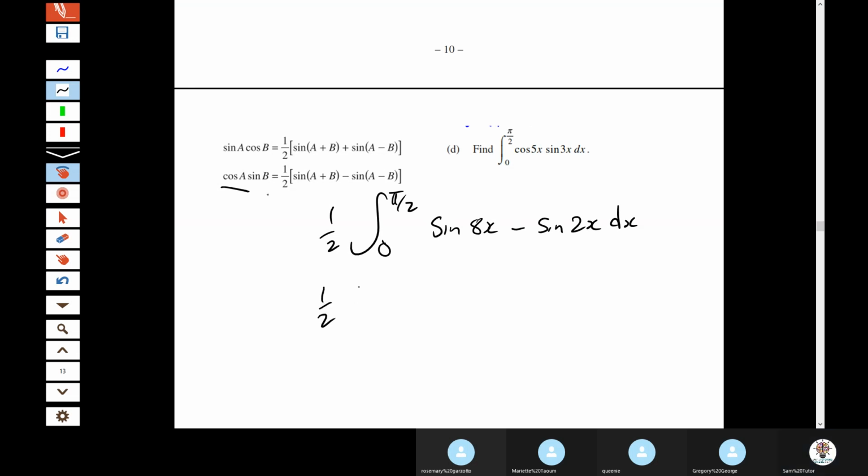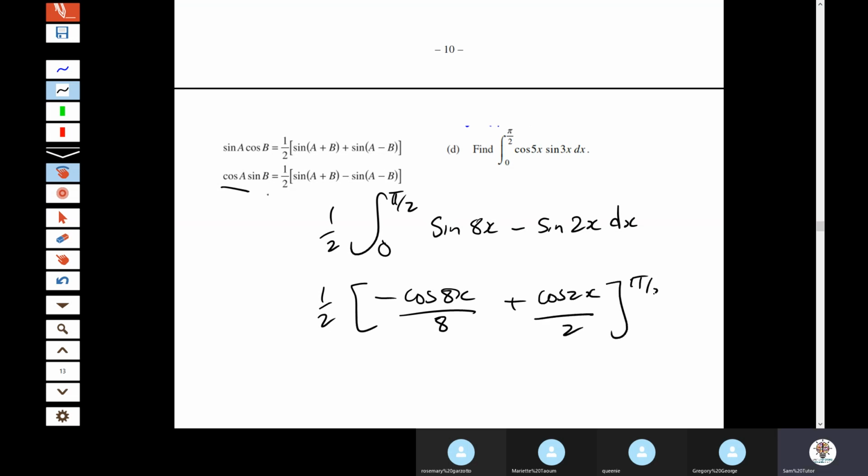Half. What's the integral of sine? Negative cos 8x on 8. Negative cos, so it means plus cos 2x on 2, from pi over 2 to 0, half. Calculator. Cos 8 times 90 degrees is 1. Slowly, negative 1 over 8 plus cos 2 times 90 is negative 1.